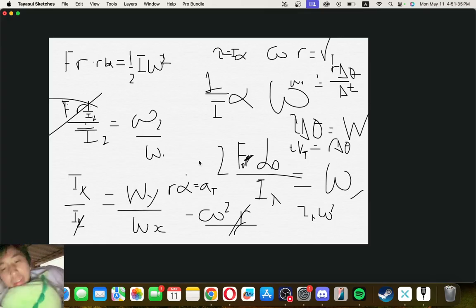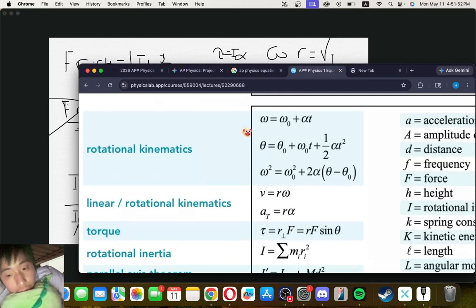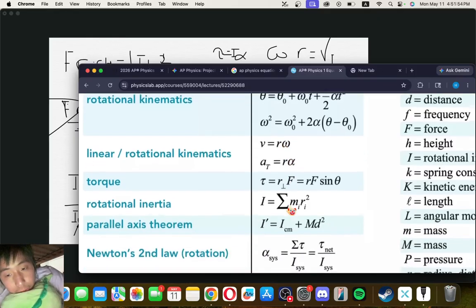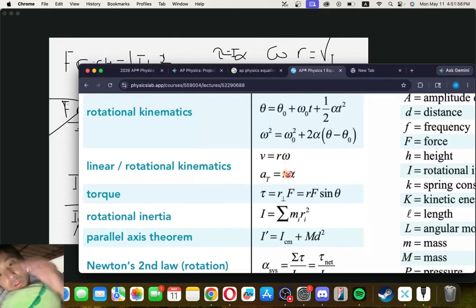Have I already done one? I might be. Because if it's alpha over R, I don't know, it's bad. Velocity equals R omega.